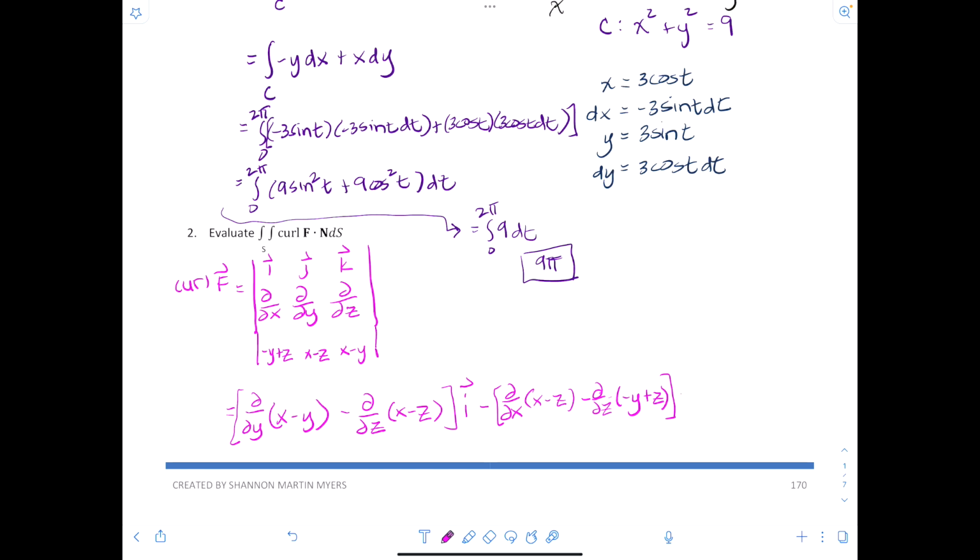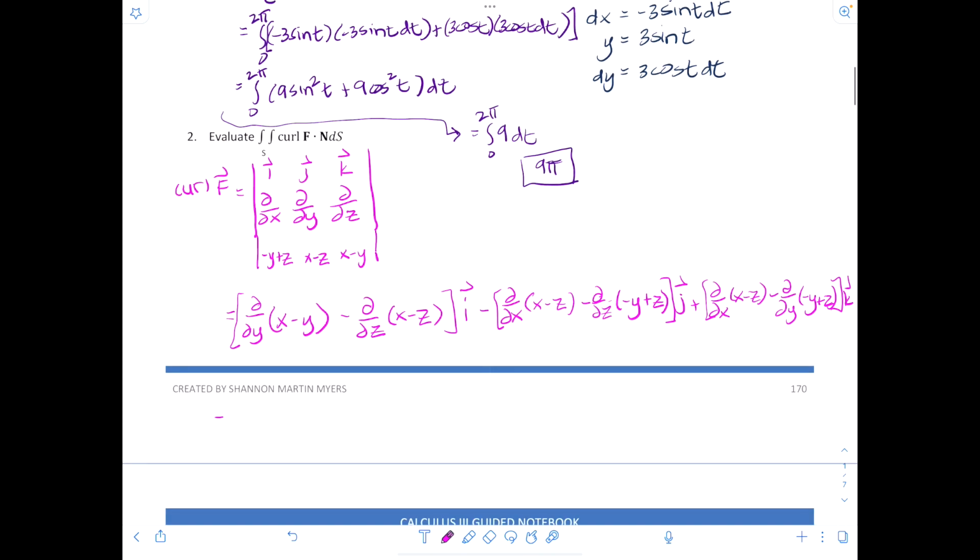All of that's going to be times j, and then plus the first partial with respect to x of x minus z, minus the first partial with respect to y of negative y plus z. All of that times k.